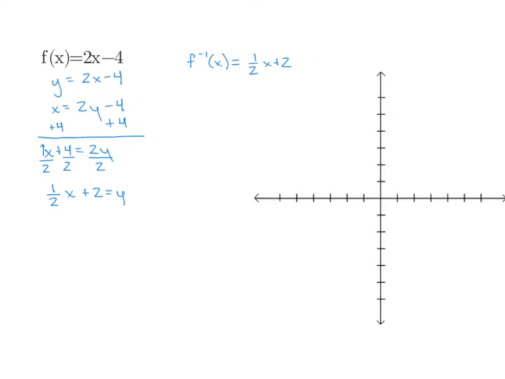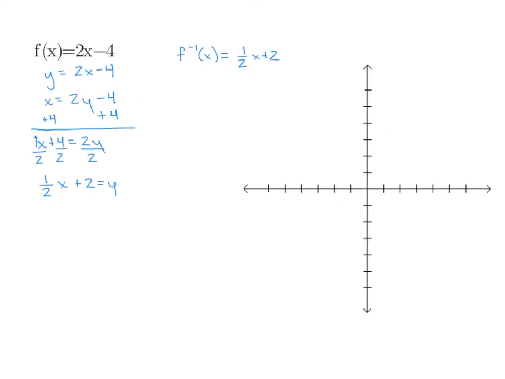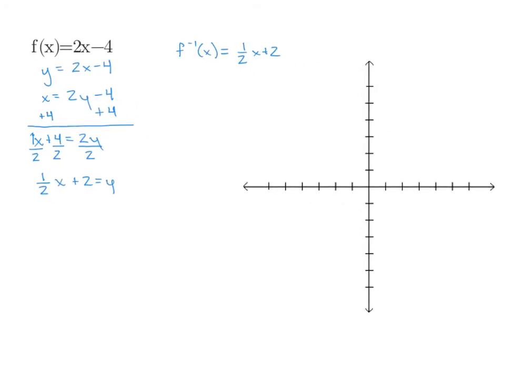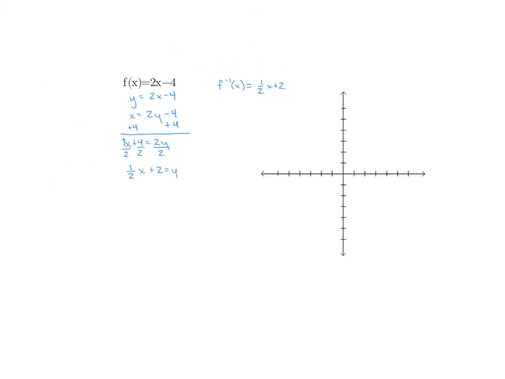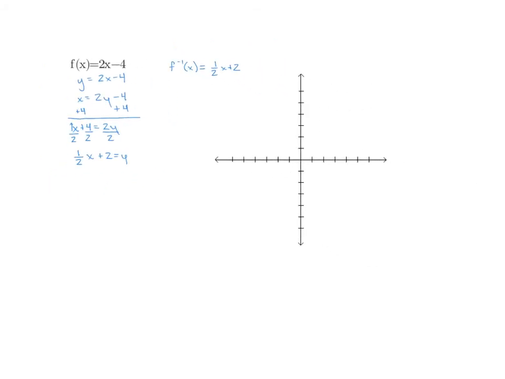All right, so let's go ahead and graph both of these equations. Okay, so if we go ahead and graph this, we have 2x minus 4. That gives me a y-intercept of 0, -4. My slope tells me to go up 2 over 1.